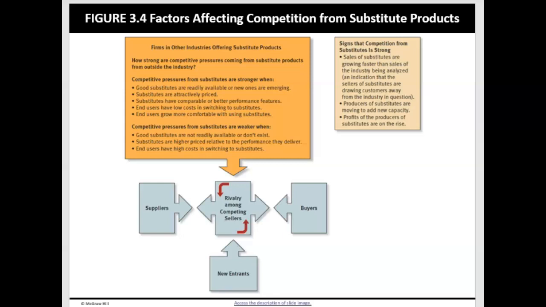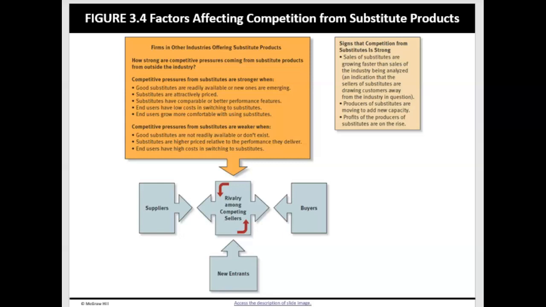Now, borrowing from figure 3.4, which shows factors affecting the competition from these substitute products, figure 3.4 depicts 3 factors that determine whether the competitive pressures from a substitute product are strong or weak.